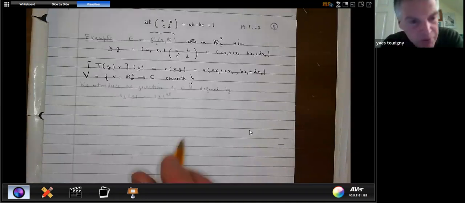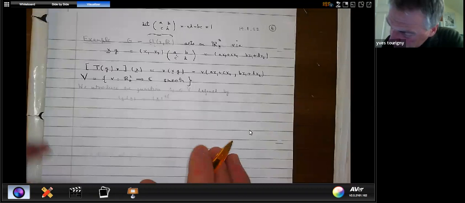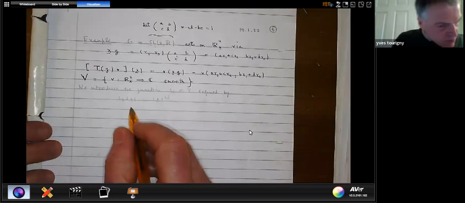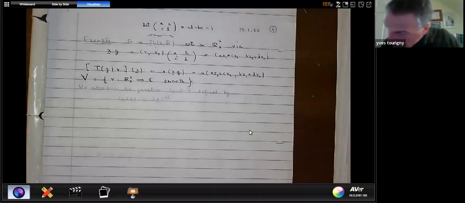So let me make the connection between representations and my product of matrices then. Let me just make sure I've got my notes at hand. Okay.